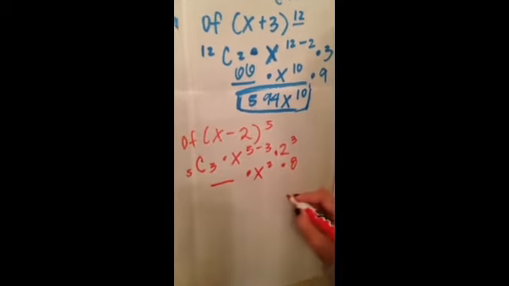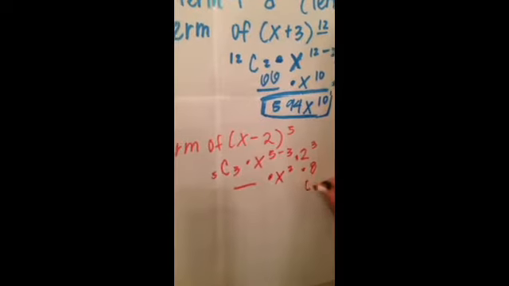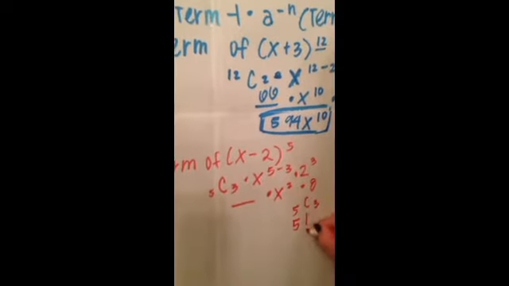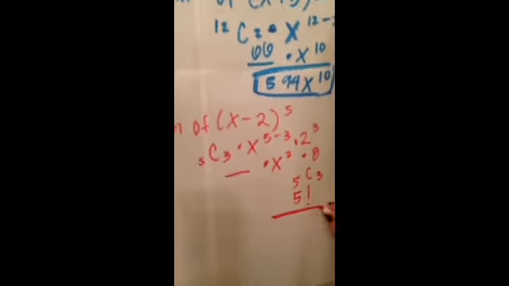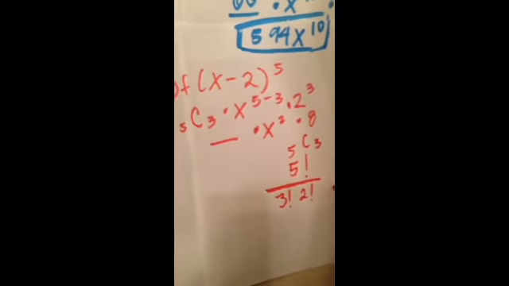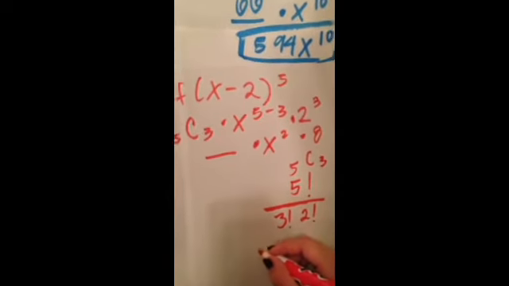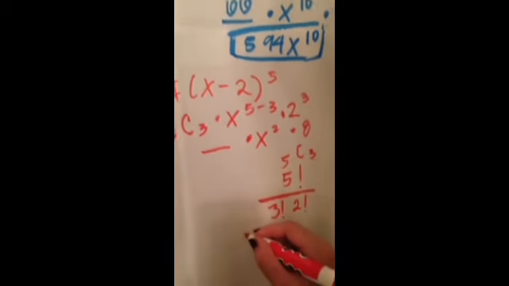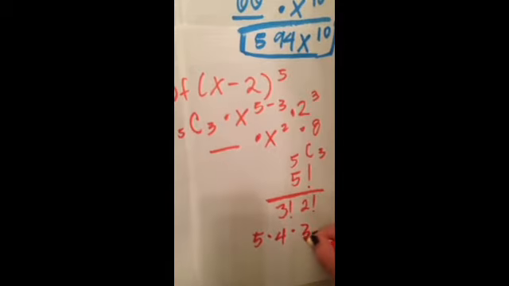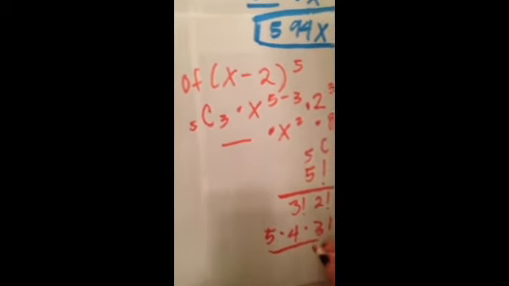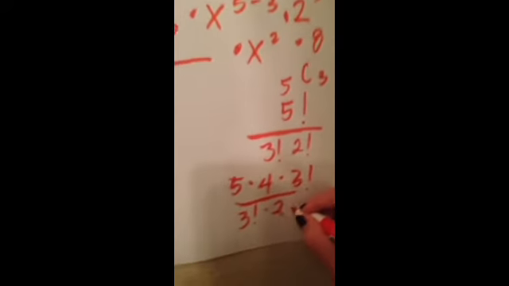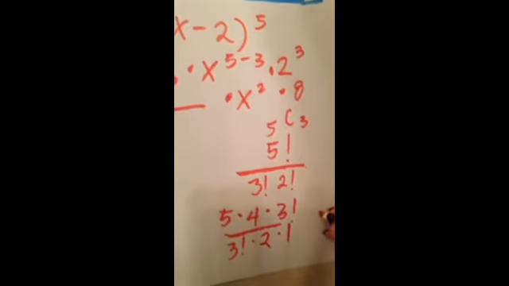And so you're going to take the 5C3, and then 5 factorial divided by 3 factorial, 2 factorial, then 5 times 4 times 3 factorial over 3 factorial times 2 times 1.